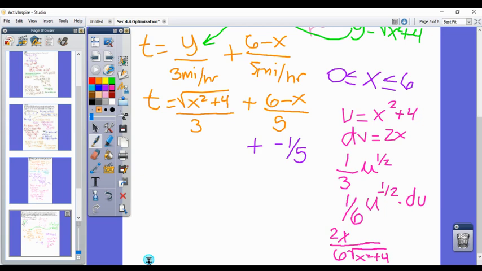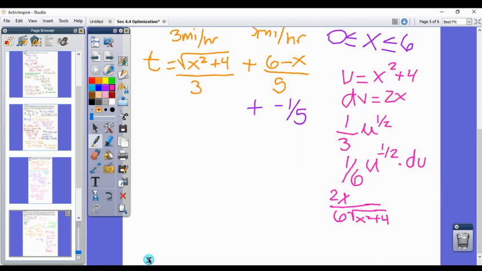That can just simplify down to just having 3 in the denominator. Okay, so we're going to end up with x over 3 square root x squared plus 4. All right, so that was my derivative.